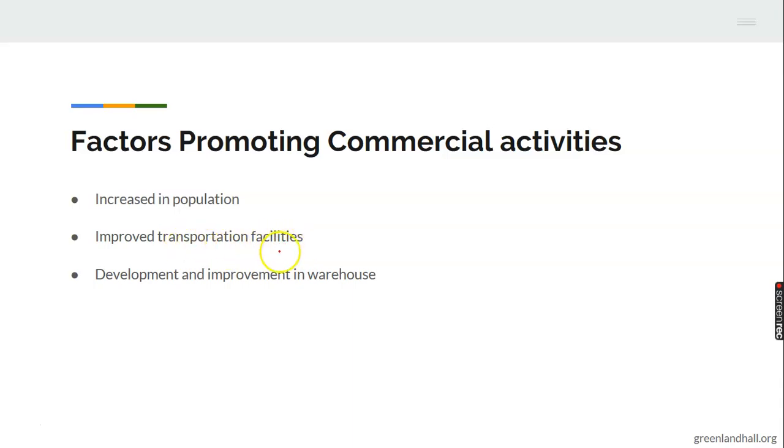So the facilities that are eventually used have improved. So technology has actually impacted on most of these transportation facilities.